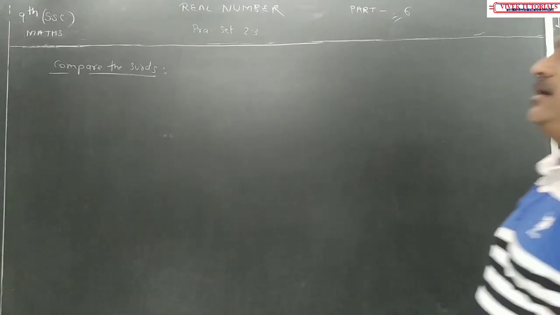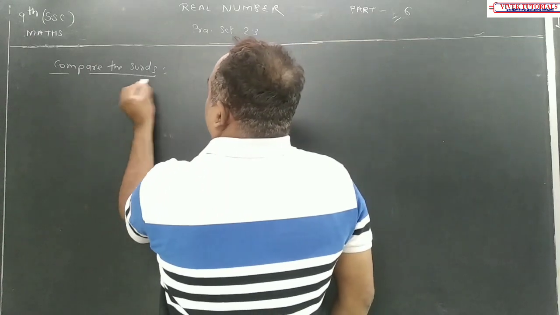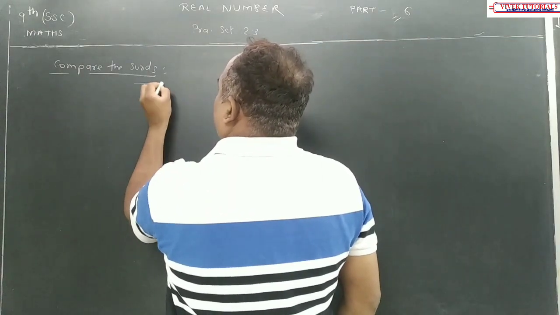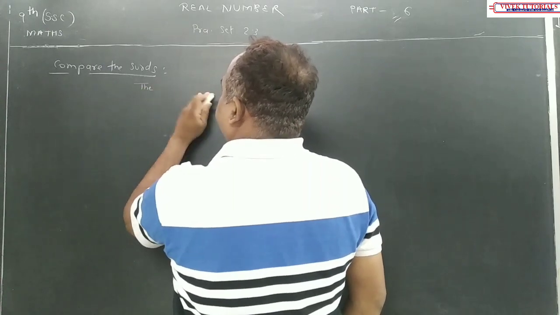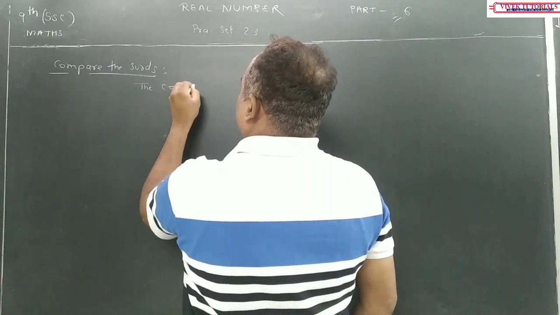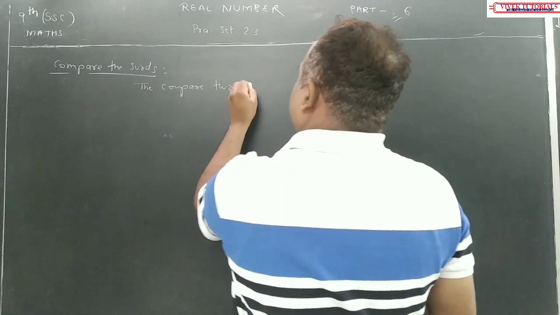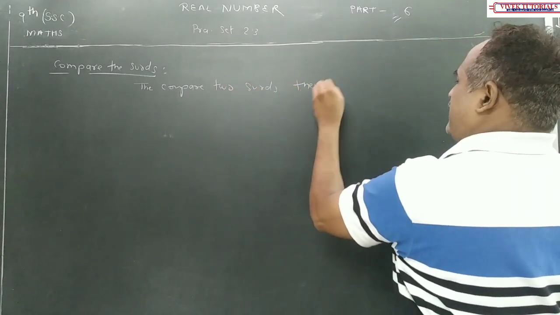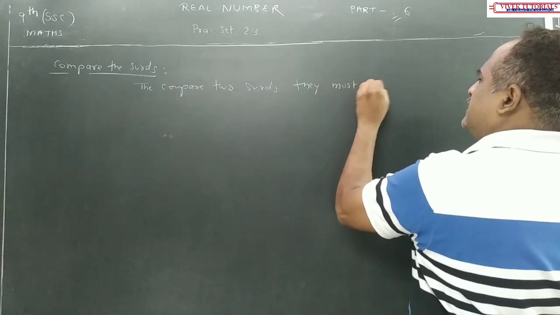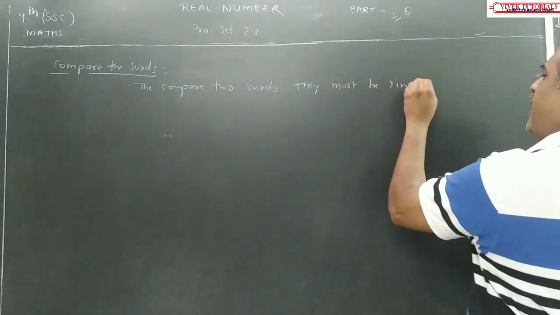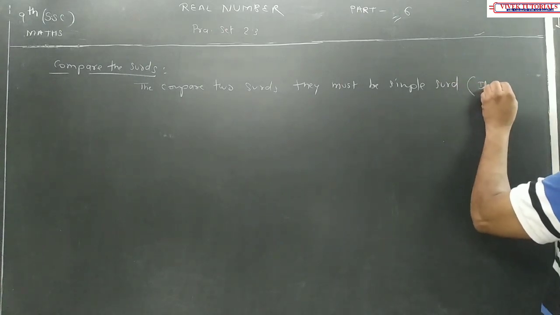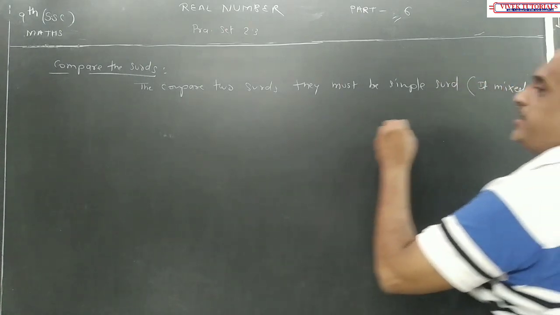Compare the surds. To compare two surds, they must be simple surds. Means if mixed, convert into simple.